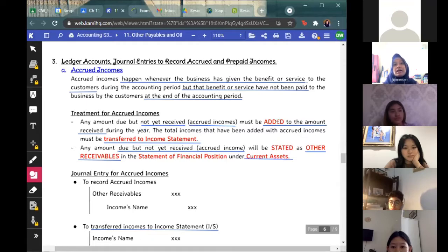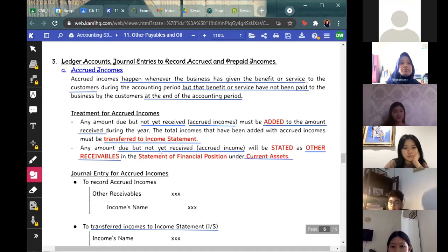And it has to be added to the total amount that we received during the year. After you add that amount, it must be transferred to the income statement. Be remember, accrued will always be added, either it is expenses or income. The treatment to the income statement, it must be added.